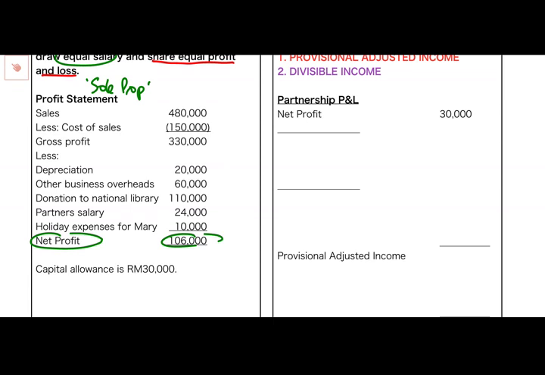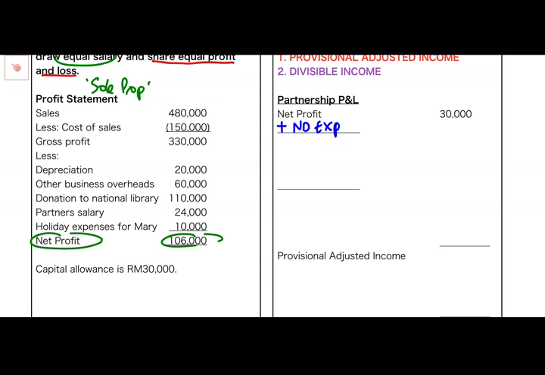So you see, remember that process of what you normally do. Assuming that this is just an ordinary business of sole prop, we usually will add back the non-deductible expenses. From the profit, you add back.